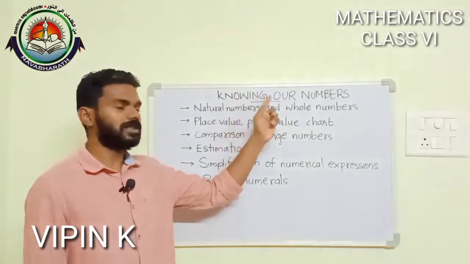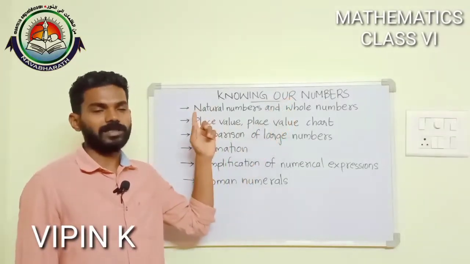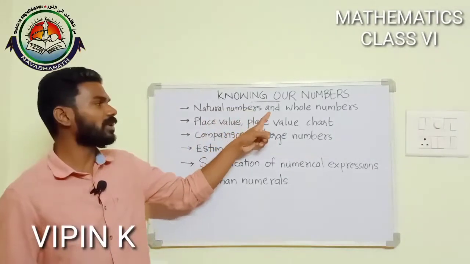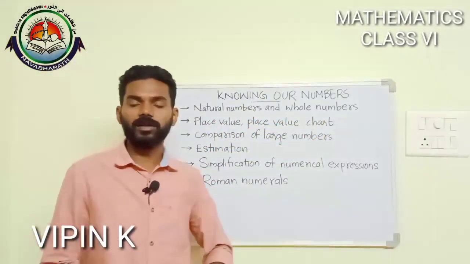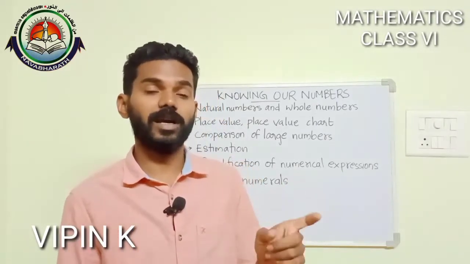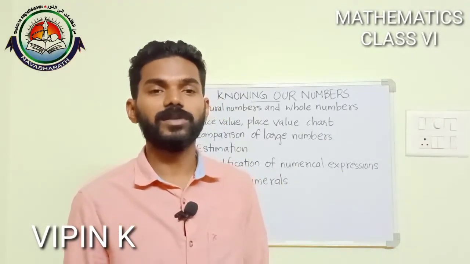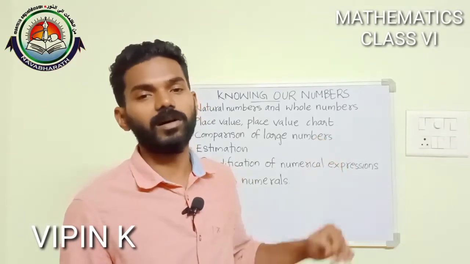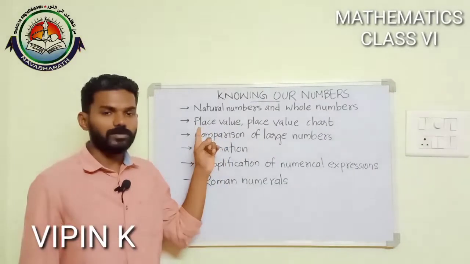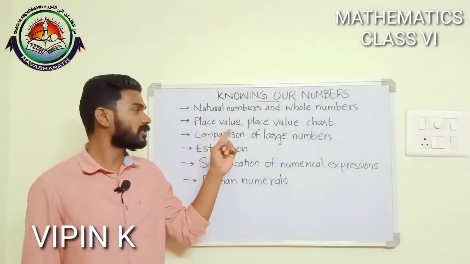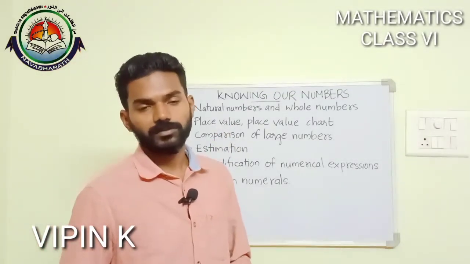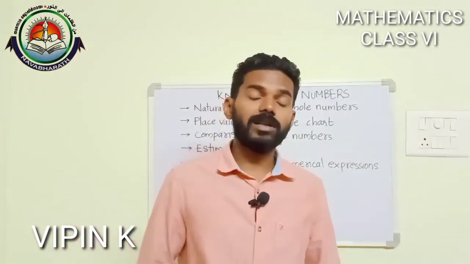In this chapter, as a first topic, we discussed natural numbers and whole numbers. Clear? Now, the second topic was place value in natural numbers.